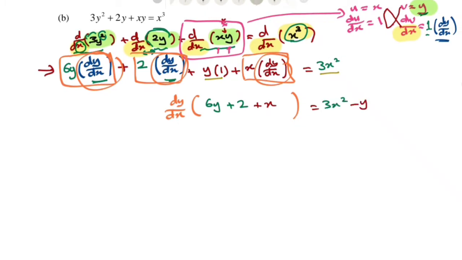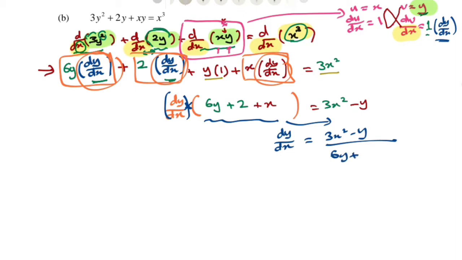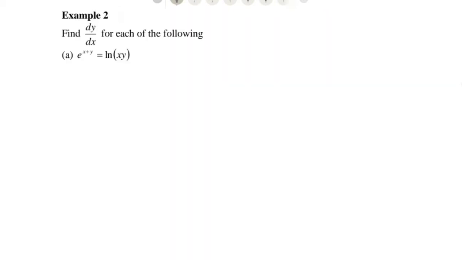Now, this is just dy over dx multiplied with this whole term. Since we want dy over dx as the subject, we can bring everything else to the right side by dividing. Opposite of multiplication is just division. So your final answer would just be 6y plus 2 plus x at the denominator and 3x squared minus y at the numerator.